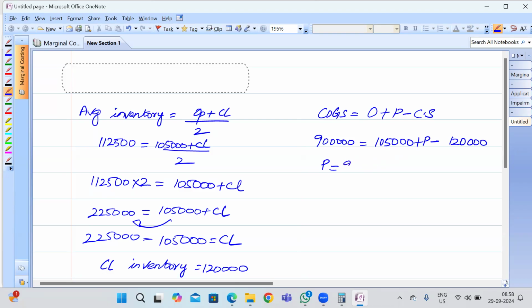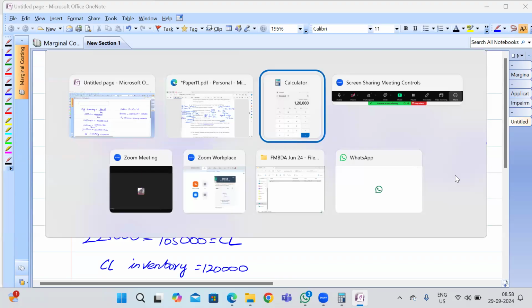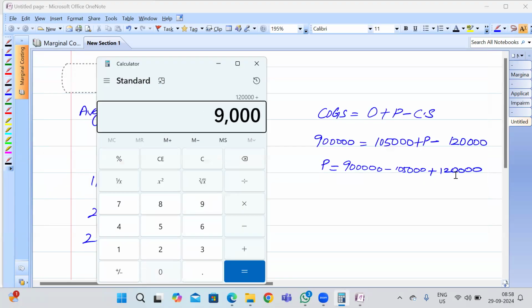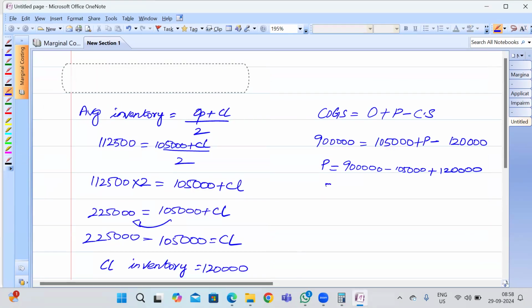That is 9 lakhs minus 1,05,000 plus 1,20,000. So I will get purchase as 9,15,000. Now I'm going to apply the creditors formula.